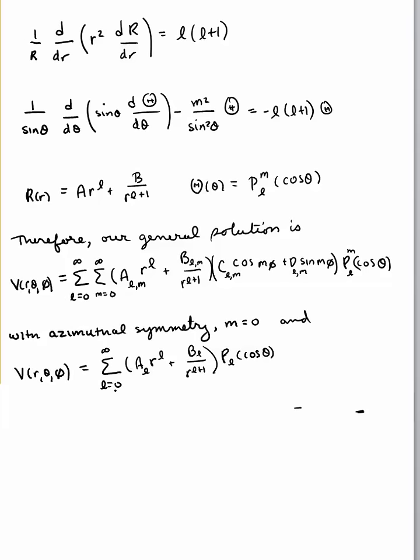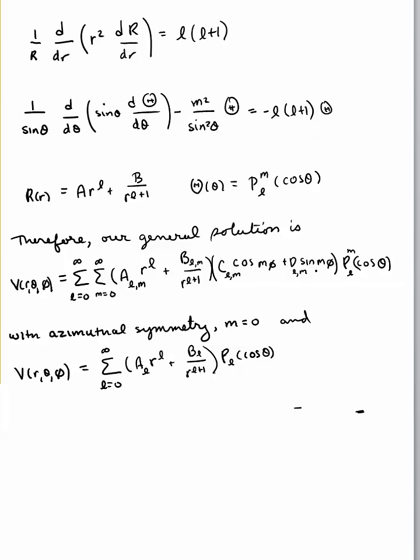And our solution for the potential reduces greatly, because if m is 0, D drops out, C is absorbed into A and B, and your associated Legendre polynomials are replaced by merely the Legendre polynomials, and those are listed in your text in the table in Chapter 3. And so this will be the general solution that we will use for solving problems in spherical coordinates.